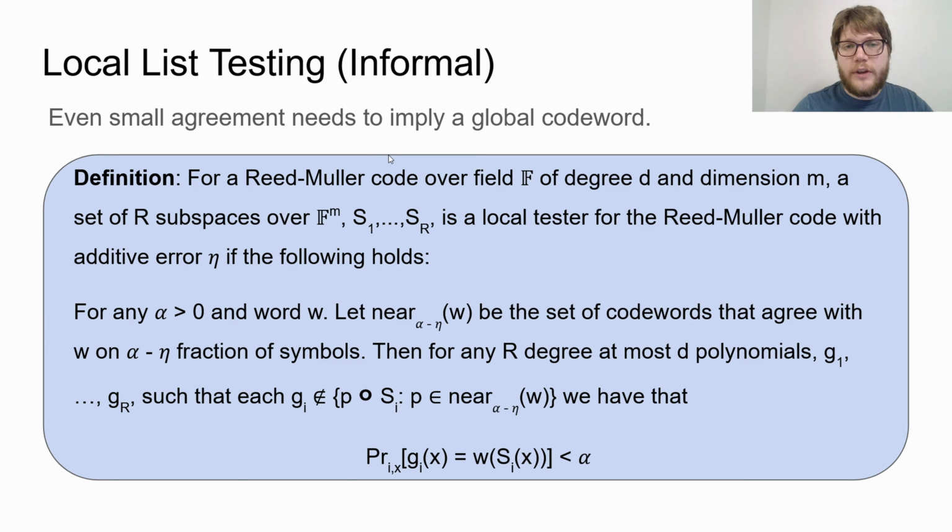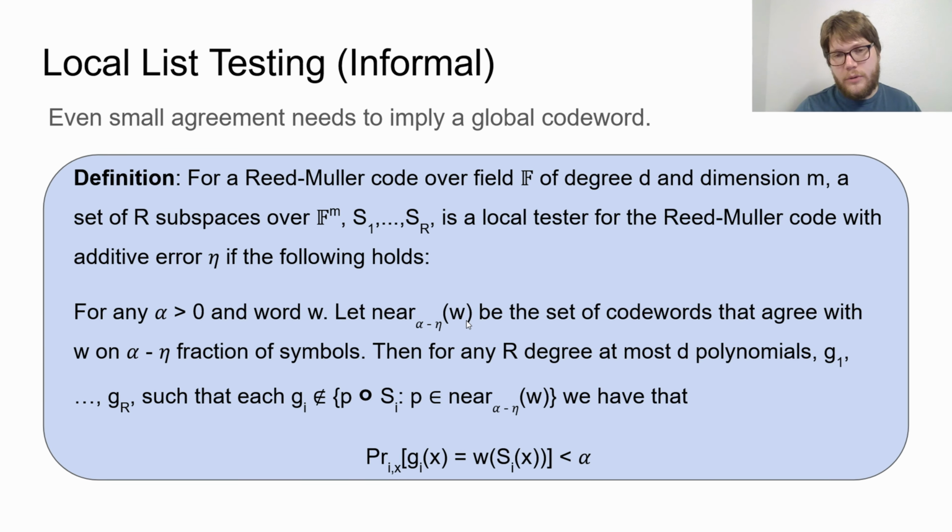We will give a local tester just for Reed-Muller codes, and our local testers are just going to be a set of subspaces. And these subspaces need the property that for any word that you receive, if you give me some low-degree polynomials for each one of the subspaces, and all of these low-degree polynomials do not agree with one of the nearby code words, then in expectation, the low-degree polynomials you gave me are not going to agree with the received word.